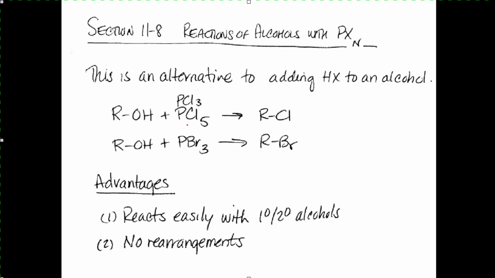And the advantage of using these phosphorus halides is that they react much easier with primary and secondary alcohols, and they do not undergo carbocation rearrangements. So the sole purpose of these reagents for the moment is that they replace an OH group with the halogen. So they're good alternatives for forming alkyl halides from alcohols.